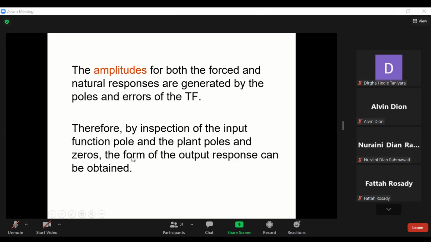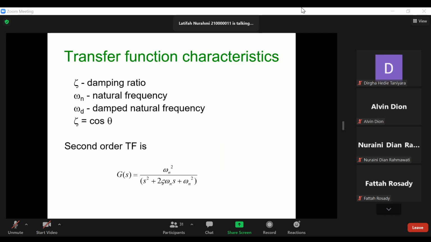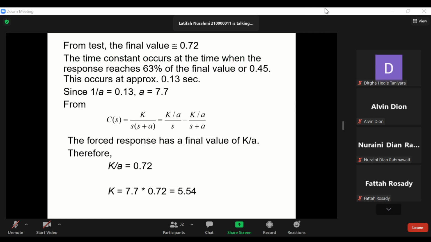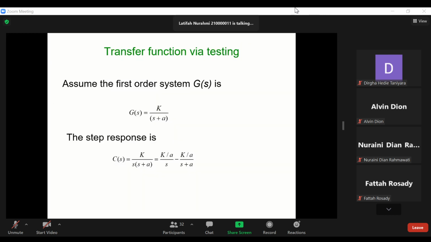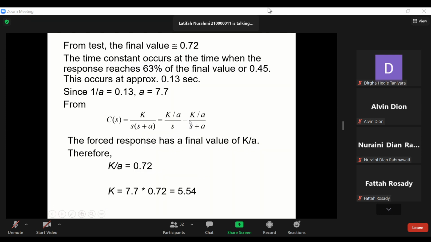We finished with the first order system, and how to find the settling time and also the rise time for the first order system.